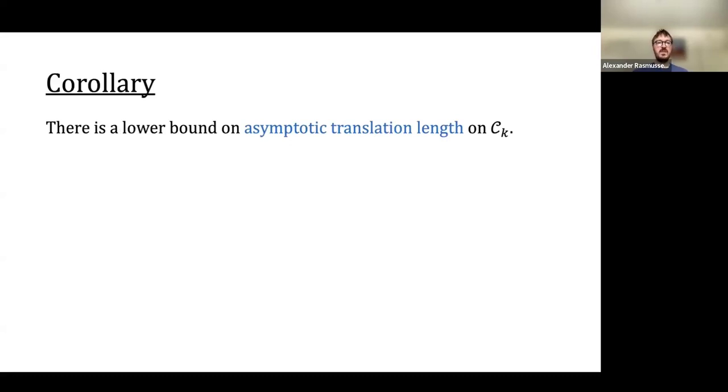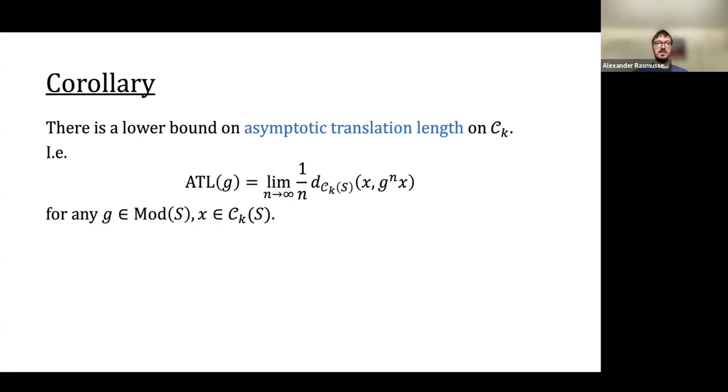Okay. So acylindricity is something that geometric group theorists care a lot about. It implies a lot of really nice things about the action. In particular, there's a lower bound on asymptotic translation length on CK. Asymptotic translation length is defined like this. You take a group element g, raise it to some large power n, apply it to some point x, which you fix beforehand, divide by n, and take a limit.